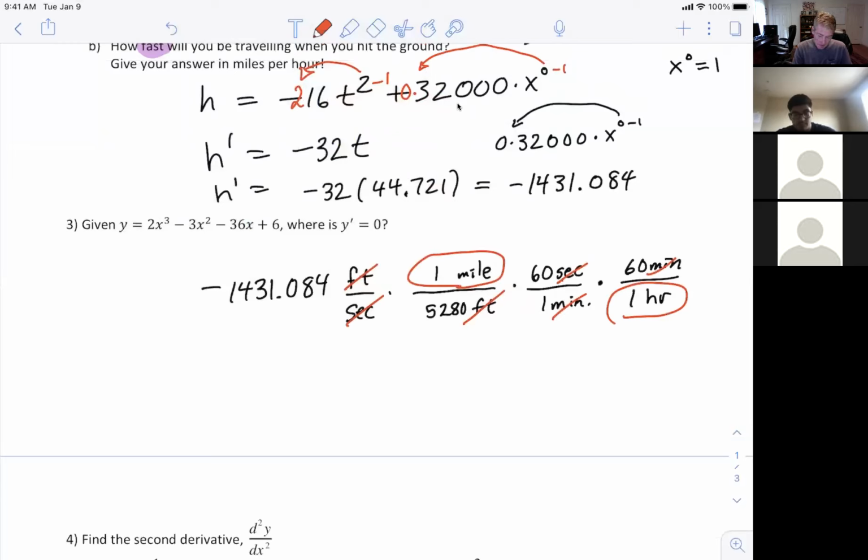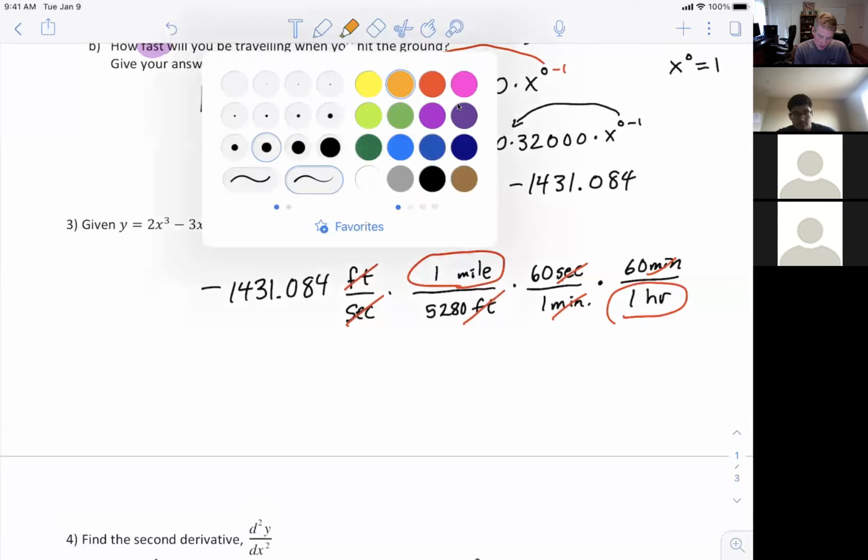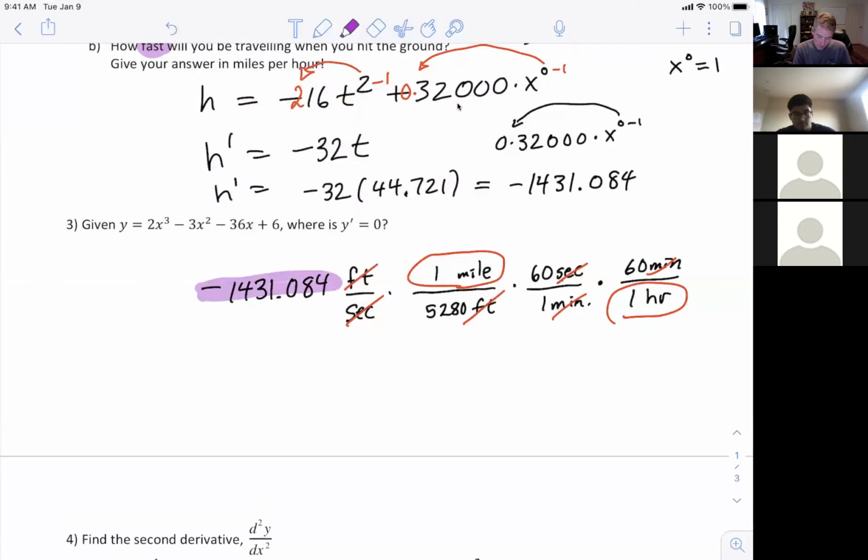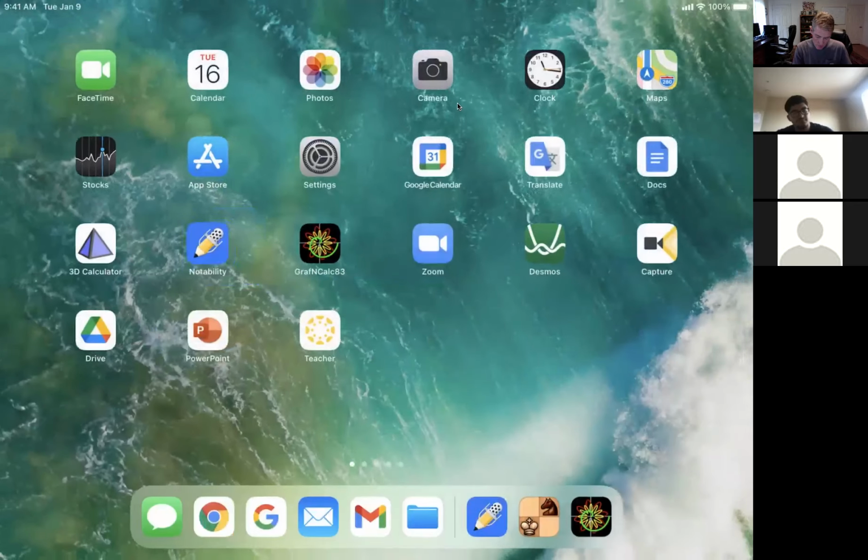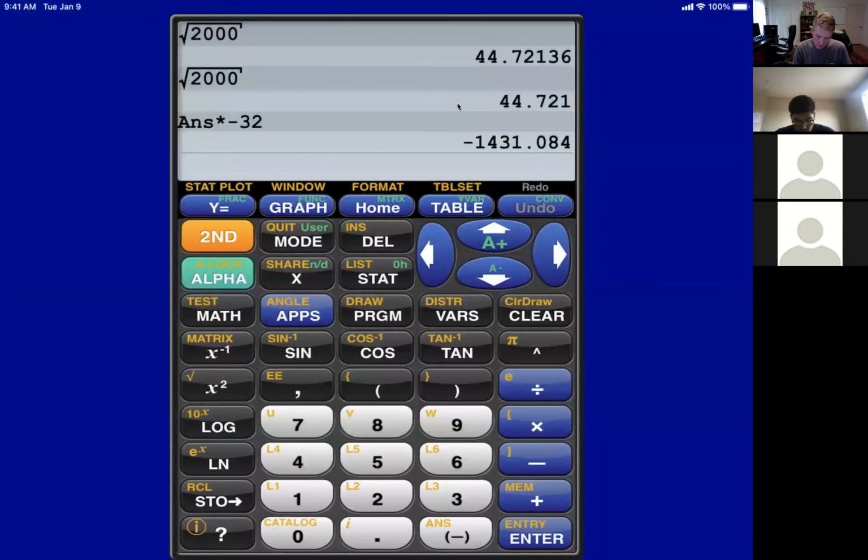So it looks like I need to take my original negative 1431, whatever, multiply by 60, multiply by another 60, and divide by 5280. And hopefully I can remember all that when I go to the calculator. So take the last answer, multiply by 60, multiply by 60, and divide by 5,280.